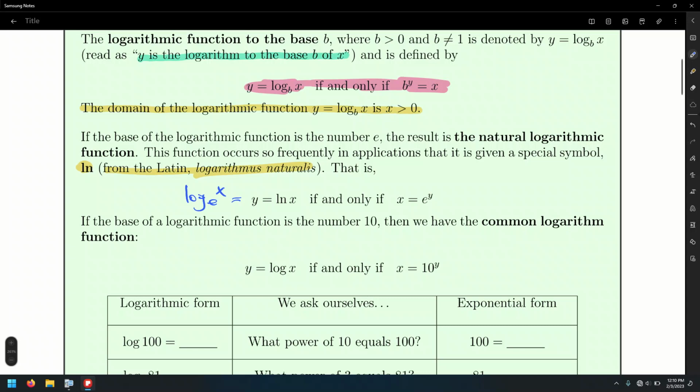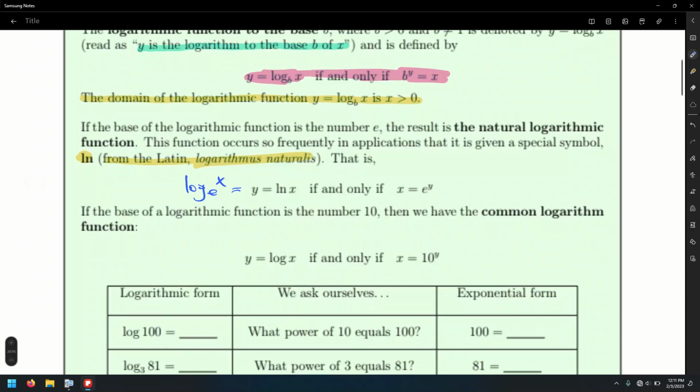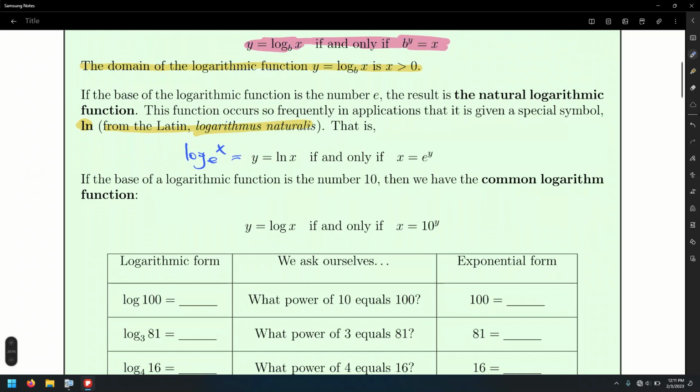We can have logarithms on a base that is an irrational number, so logarithm base square root of 2, base square root of 3, base pi, or, in this particular case, logarithm base e, which has a special symbol, which is ln of x.